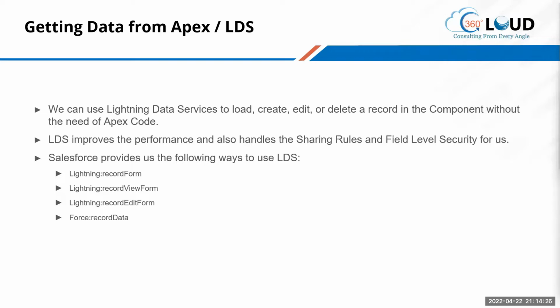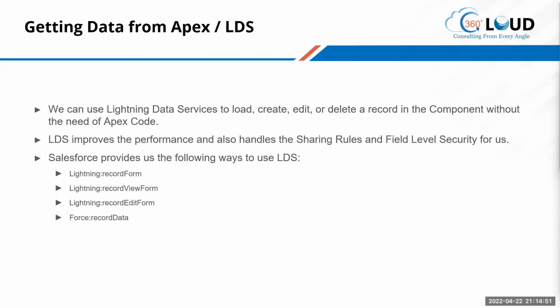Salesforce has given us an option to not write the Apex component and just write the Aura components and get the data from Salesforce. As you all know, in VF pages we have controllers, and controllers are very easy. We can simply get data with the help of the record page.